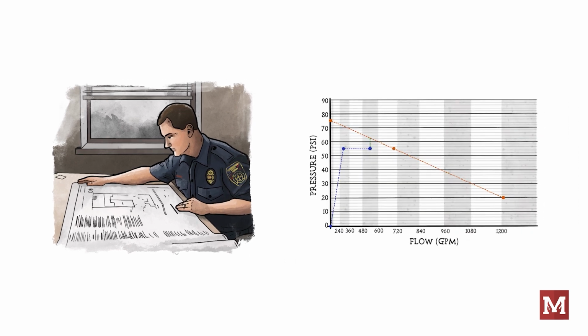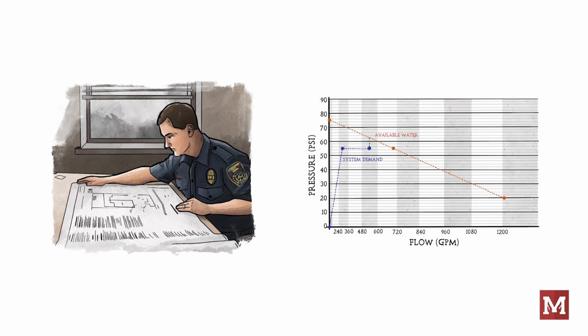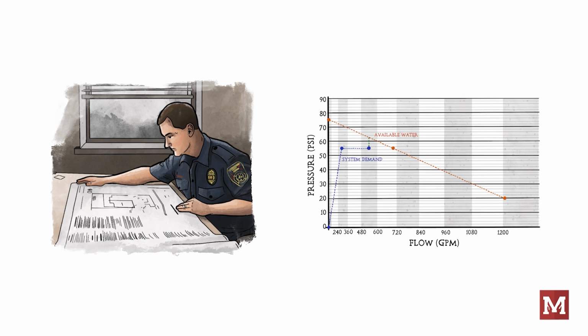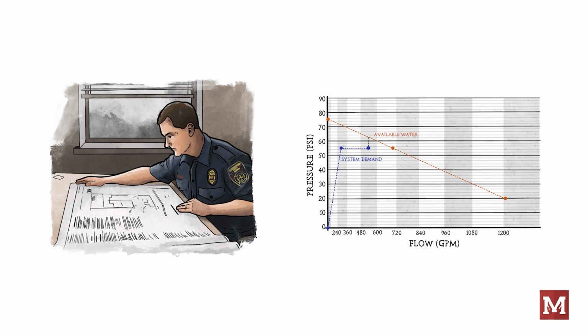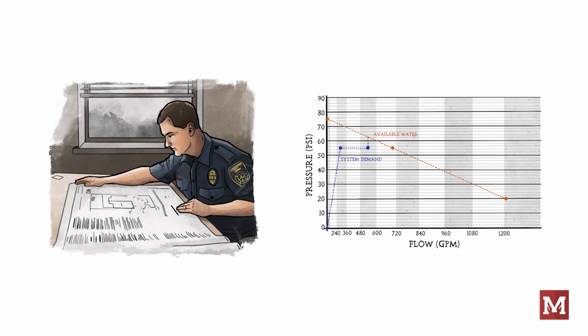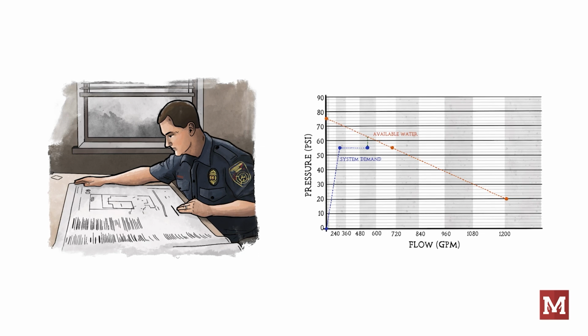The AHJ will specifically compare system demand to the available water source in an effort to ensure that the calculated demand is within the capacity of the available water. This will typically include a 10% margin of safety to allow for further development in the physical area of the city or coincident demand placed on the system by others.